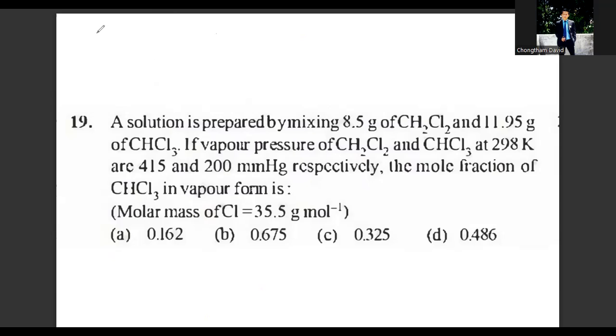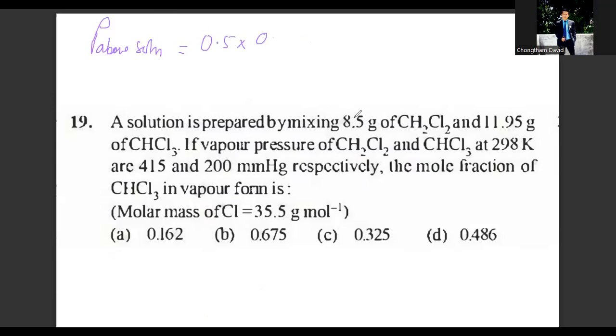So by applying Raoult's law, the pressure above the solution can be written as the mole fraction of chloroform times its vapor pressure plus the mole fraction of dichloromethane times its vapor pressure. 0.5 is the mole fraction of chloroform given to you. You can easily find, from these given values, weight by molar mass, that is your mole.